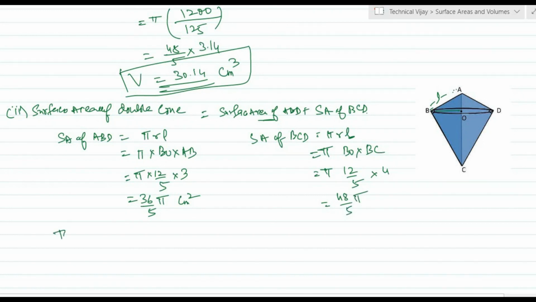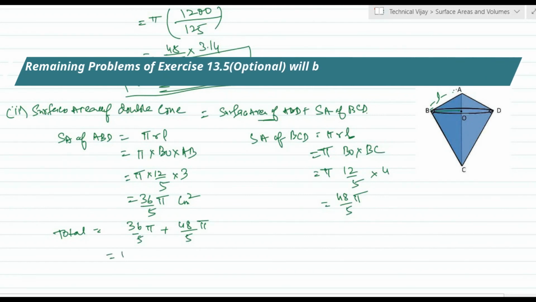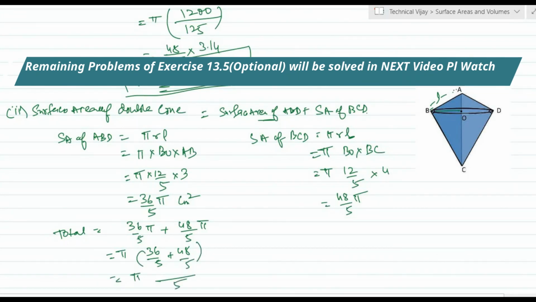So now total is equal to 36 by 5 pi plus 48 by 5 pi. Now pi we will take common. So 36 by 5 plus 48 by 5, pi into this, 5 is the LCM. So total will be 84. So this comes to 84 by 5 into 3.14.